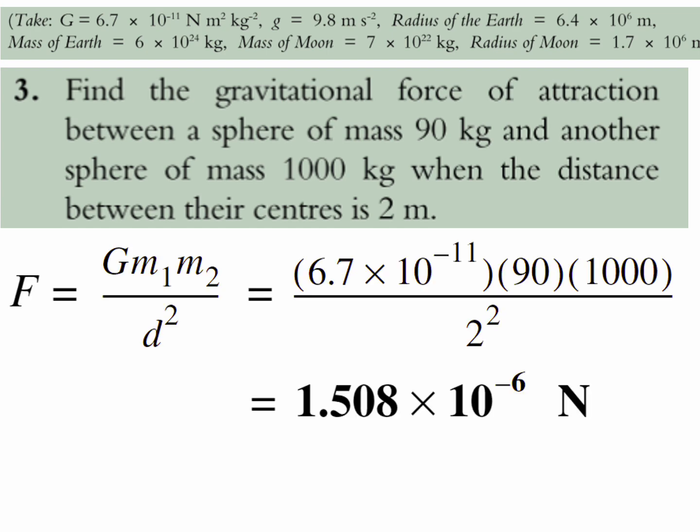So using the same formula there again and filling in your 90 kilograms and your 1000 kilograms for M1 and M2 and your distance between them, your 2 squared. So you should have been able to work your way through that mathematically to get a value of 1.508 by 10 to the minus 6 newtons, being the force of attraction between the 2 bodies.